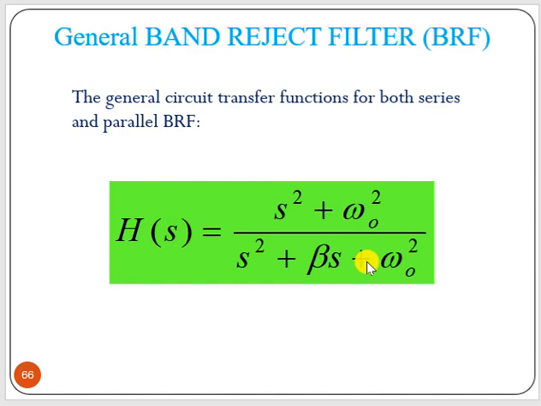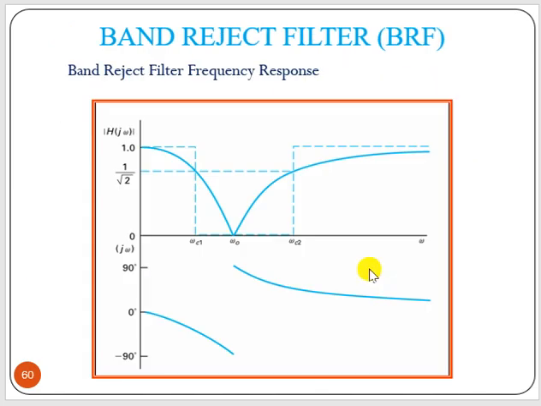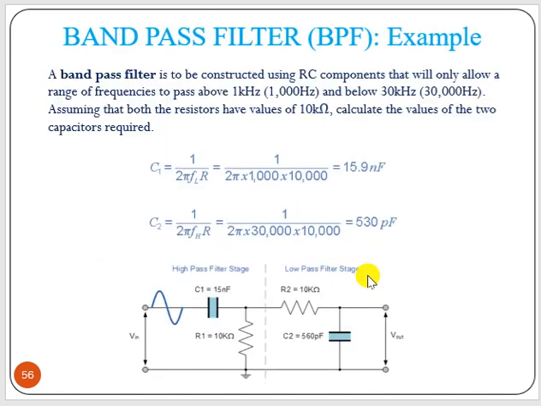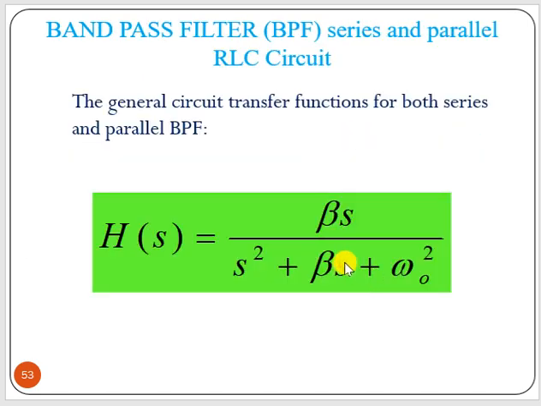And for the band pass filter, the numerator is not a quadratic equation, if you remember. It is beta s over this. That means here we have a zero at s equal to 0, omega equal to 0. At s equal to 0 we have a zero, which means at omega equal to 0 the output is 0, so it starts from 0.